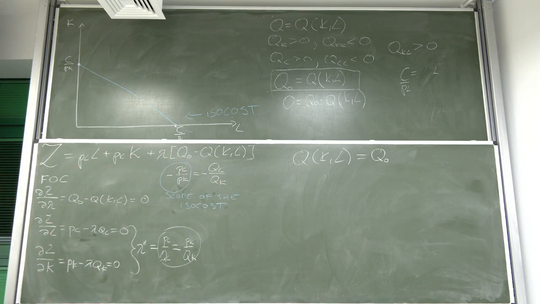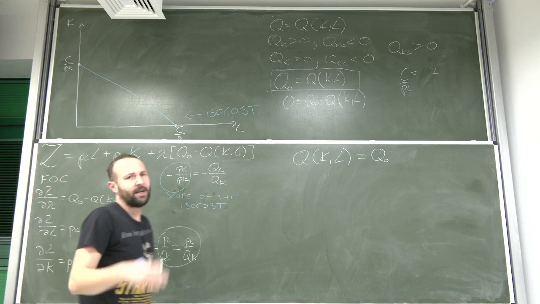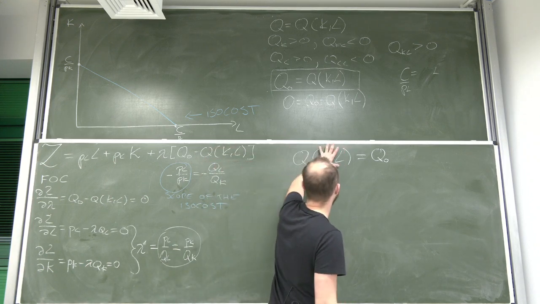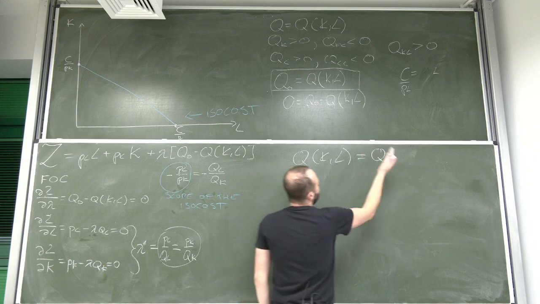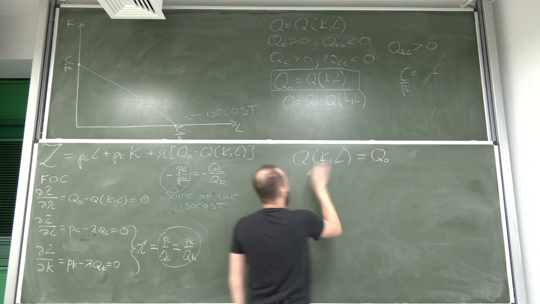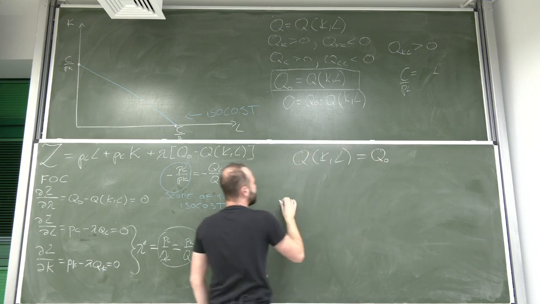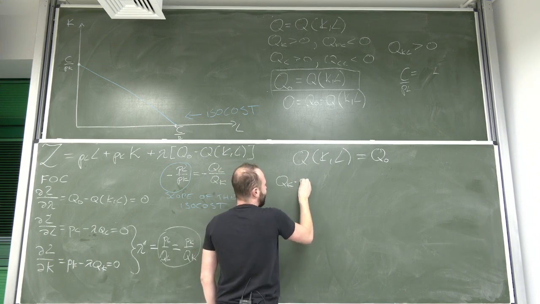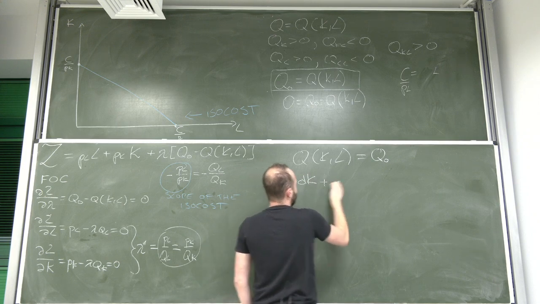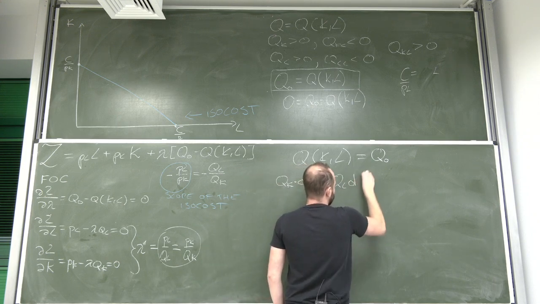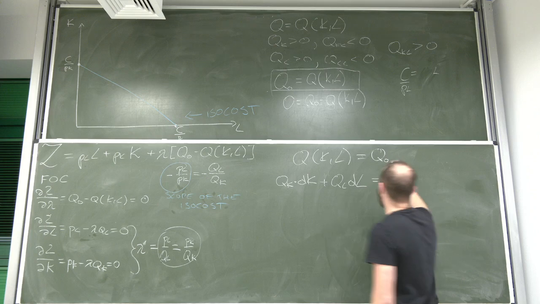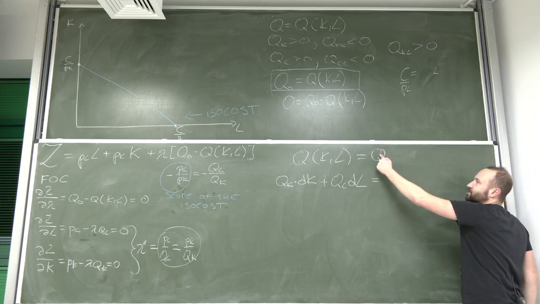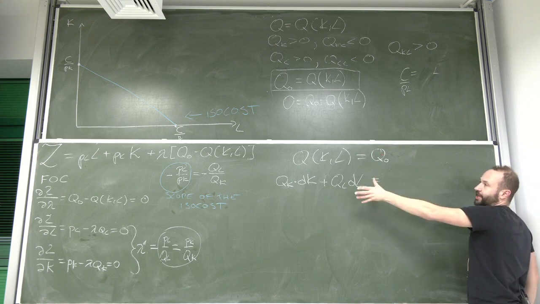And what do we do next? We do very similar as we did in the customer's model. We calculate total differential of this expression. Total differential of this expression is qk times dk plus ql times dl. And now, over here, if we are assuming that this is the target level, it will not change, right?